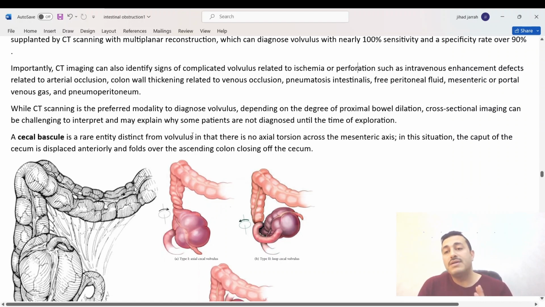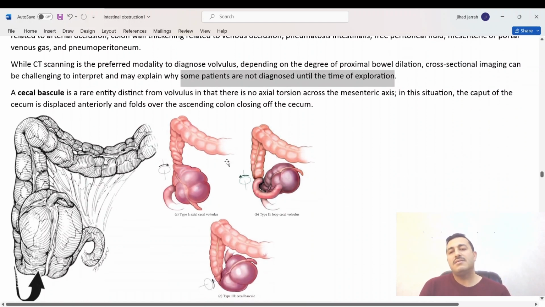These can be picked up on CT and not on barium enema or X-rays. Even so, CT scan is the preferred modality to diagnose volvulus. Some patients are not diagnosed until the time of exploration.